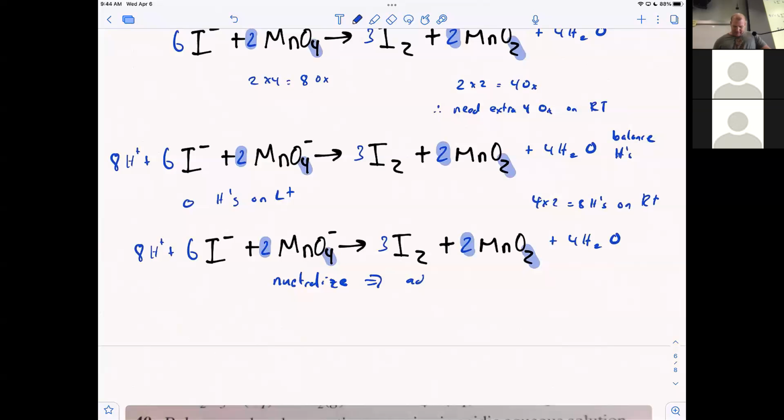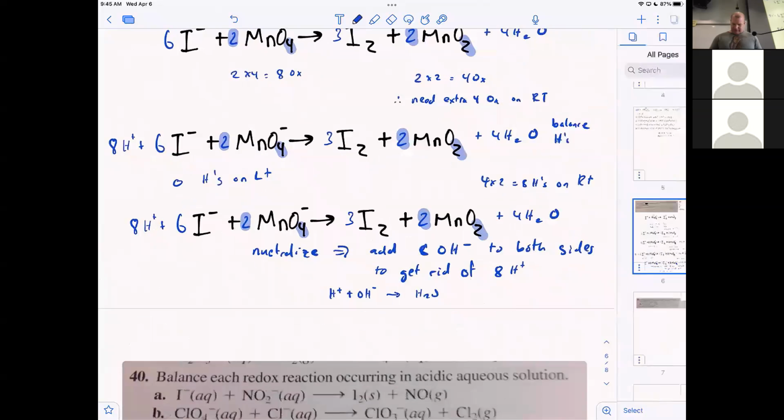We're going to add 8 OH minus to both sides to get rid of 8 H pluses. So we're going to get 8 OHs on each side. And also remember, H plus plus OH minus forms water.